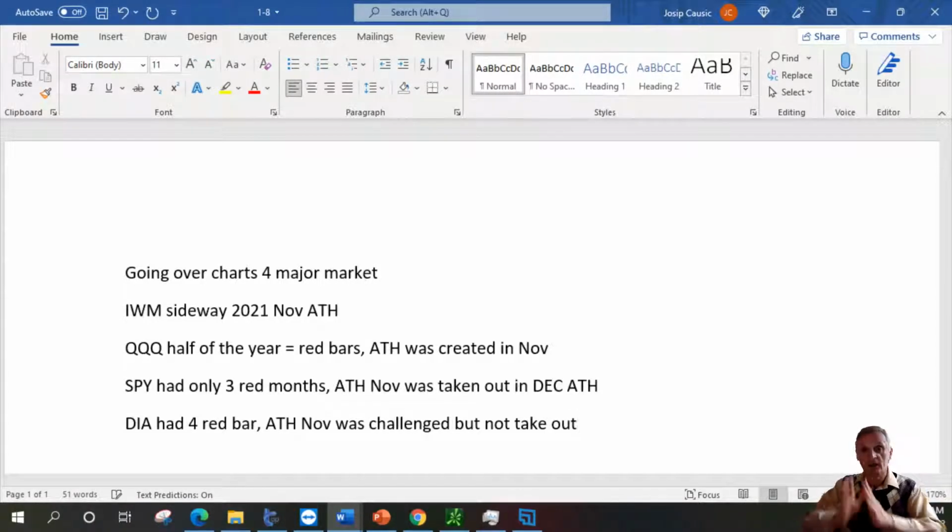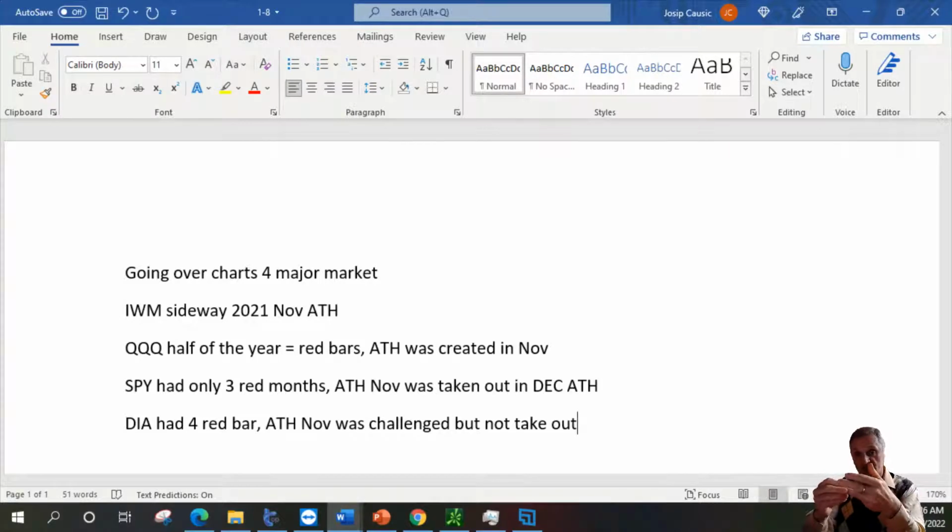Okay, now that I have completed this analysis of what the trend was for 2021, the next thing I was looking at was the price action in December versus November.